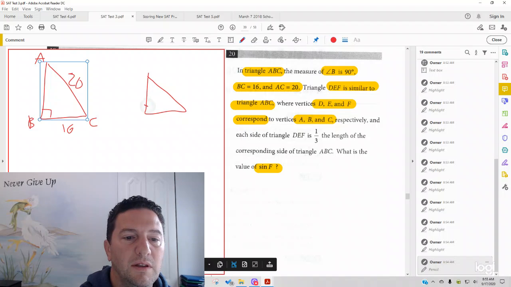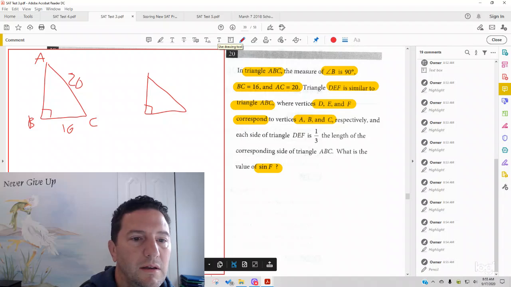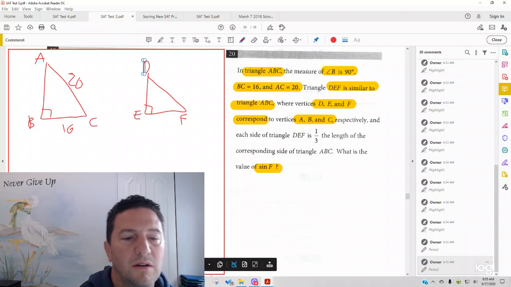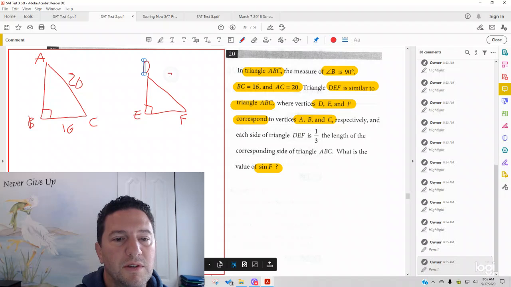Granted, figure not drawn to scale. So in other words, this would be 20 over 3. This would be 16 over 3.